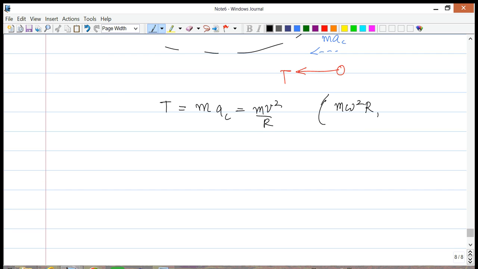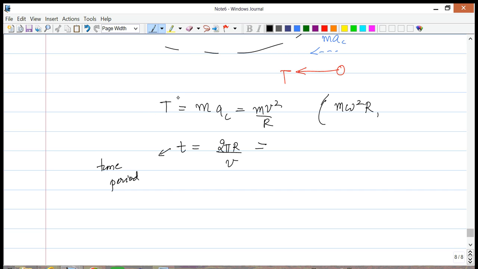Let us say that instead you've been given the time period of the rotation. If you've been given the time period T, which is the time for one revolution, it is equal to the distance of one revolution, 2 pi r, divided by the speed.